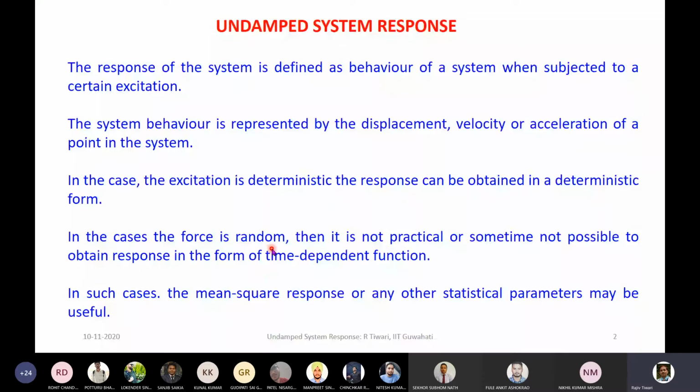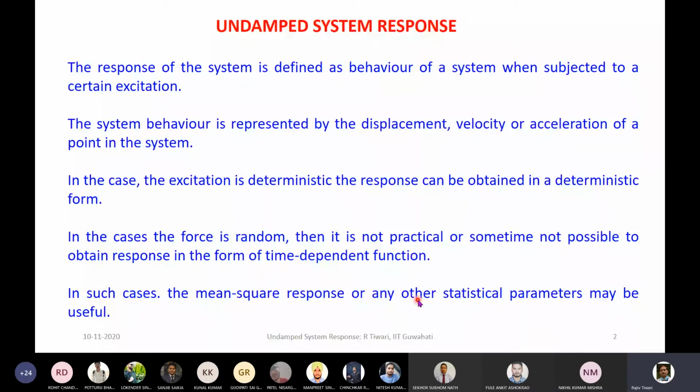Correspondingly, we cannot find the response with time. There also we need to get the response in terms of mean square response, or the standard deviation of that, or some other statistical property.